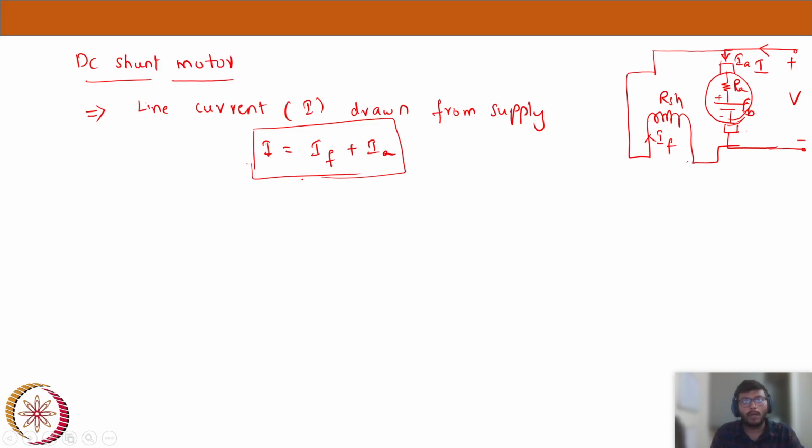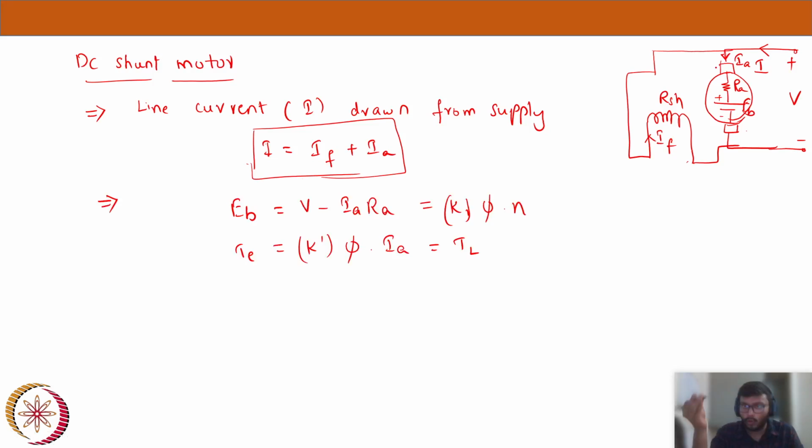All the equations are valid here, except that the two windings are in parallel. If you know the armature current, you subtract it from the supply current to get the field current. If you know the field current, to get the armature current you subtract the field current from the supply.